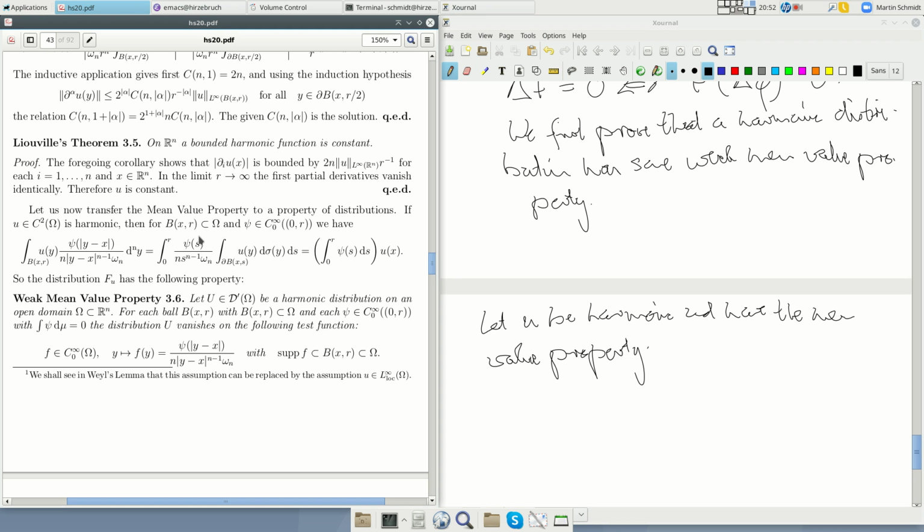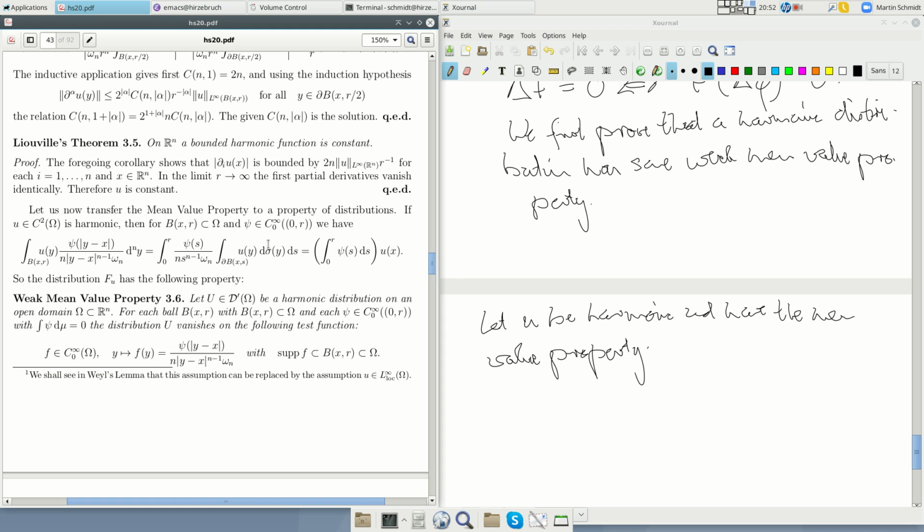Now look at this expression here, and you see this is the mean of u at x. So this is constant times u of x.